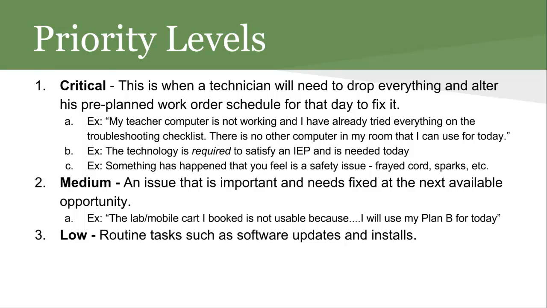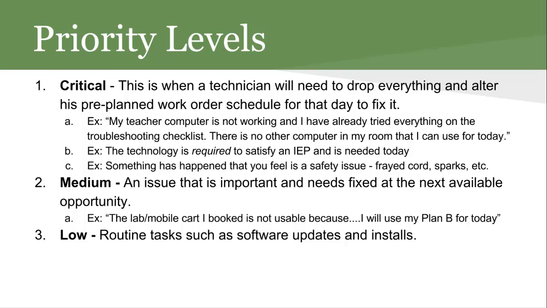When you are filling out your tech request, there are three priority levels that you can choose from: critical, medium, and low. The priority level critical should only be used when it is something that is an emergency. So in other words, this is when a technician will have to drop everything and alter his pre-planned work order schedule for that day in order to fix it.